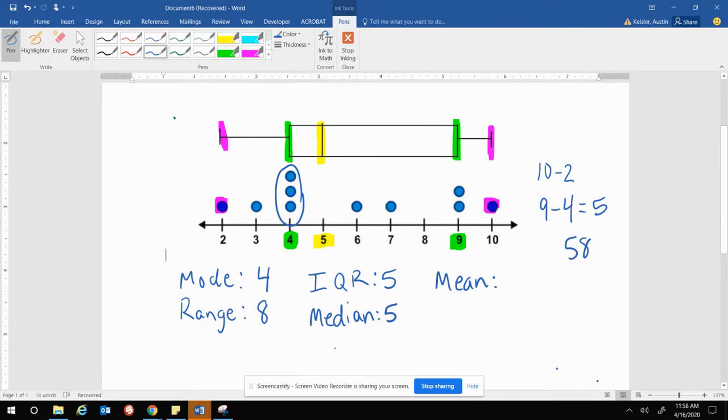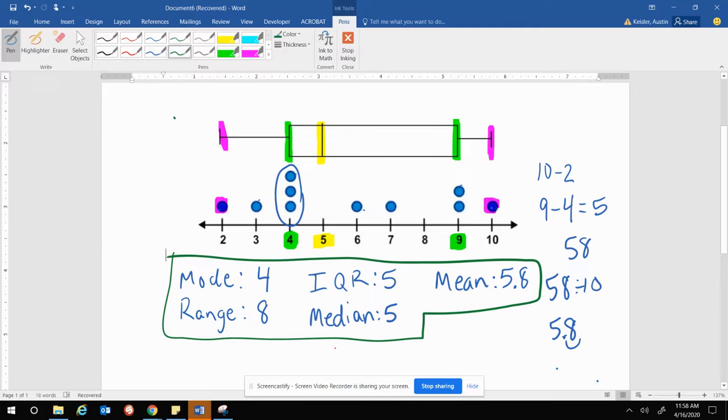Then I have 1, 2, 3, 4, 5, 6, 7, 8, 9, 10 numbers. And I know 58 divided by 10, if you're in my class, you know that when you divide by 10, you just move the decimal one time to the left. So our mean is 5.8.